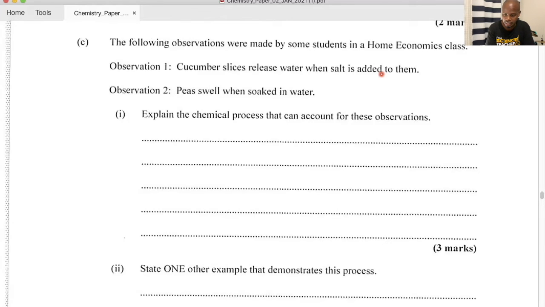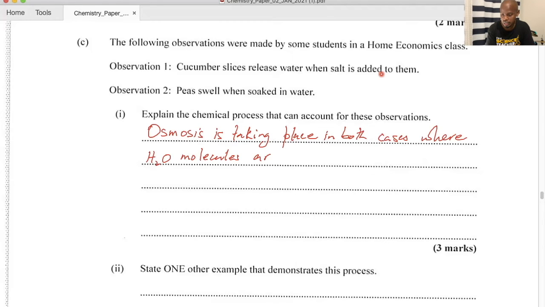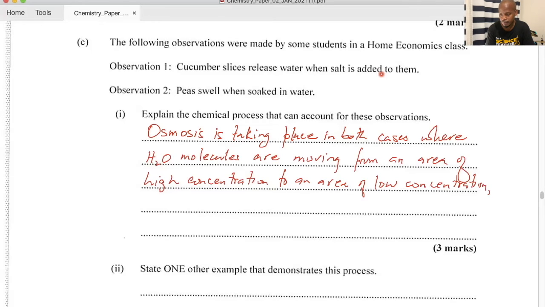So we would state that osmosis is taking place in both cases, where water molecules are moving from an area of high concentration to an area of low concentration across, or you could say through, a selectively permeable membrane.